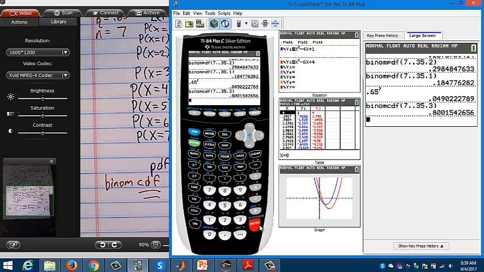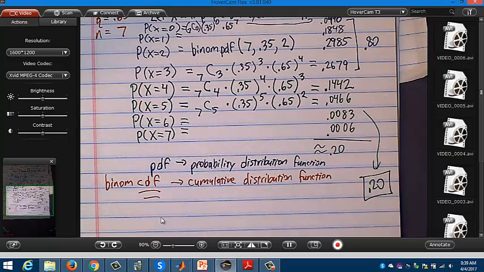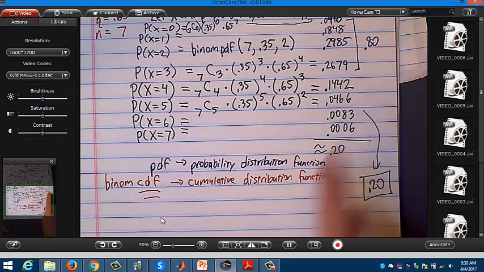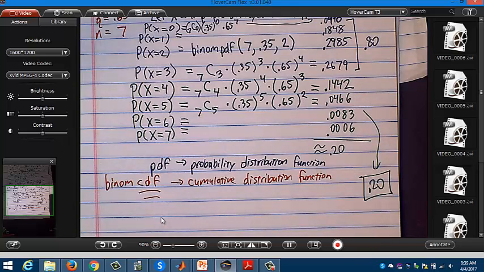Cumulative. Here, guys, I want to write down, right? It computed this in one step. Isn't that kind of nice? Yeah. So let's really understand what it did, all right?